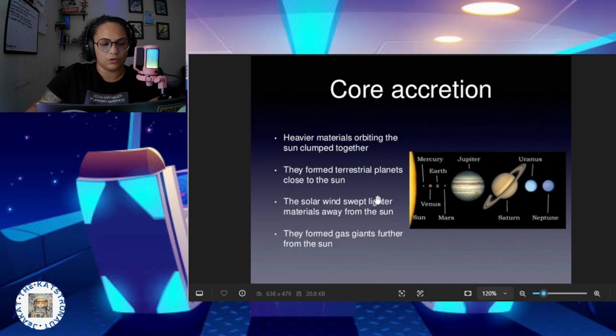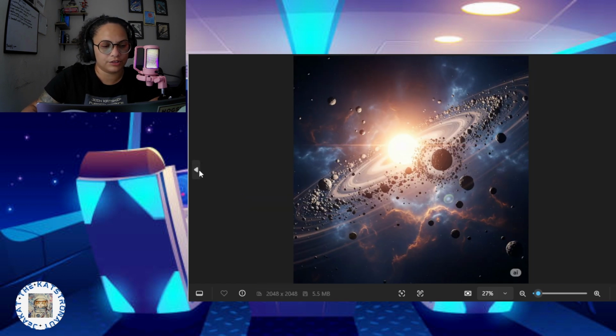So the early solar system here, again, not exact, but the early solar system here, this inner section started to take shape with however many other planets, including Earth, in there.